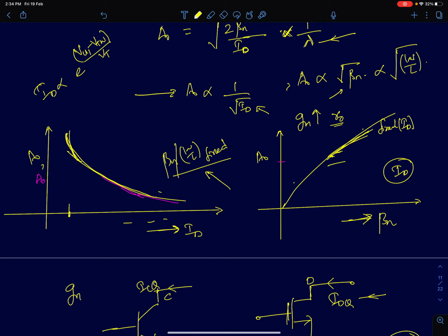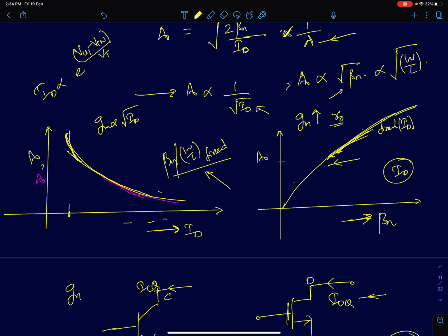Similarly, shown here, for a given drain current, as you increase your W by L ratio or beta n, the intrinsic gain is also going to increase. So two things are happening here in both the graphs. In the first graph, as I reduce my drain current, keeping everything else the same, GM is reducing, since GM is proportional to root of ID.